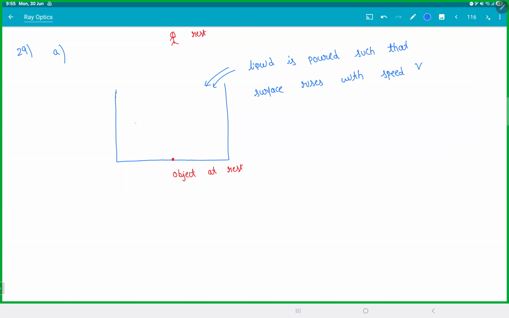When you're continuously pouring water or liquid, this surface is going up with V. So the thickness of the slab is changing. Find the velocity of the object as seen by the observer.